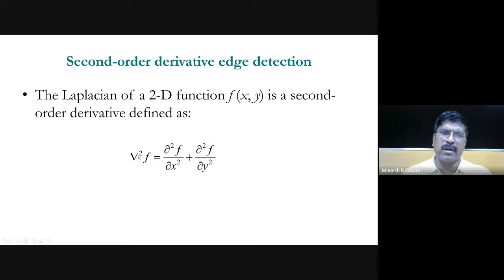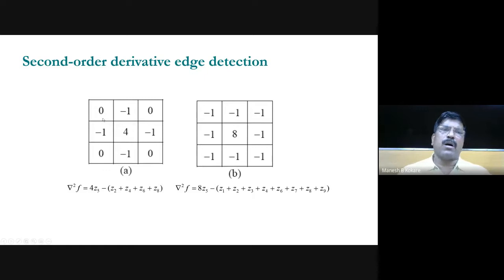So you get del square f like this, which is nothing but the partial derivative in the x direction plus the partial derivative in the y direction. Now, the second order derivative edge detection operators are like this. The center pixel coefficient is 4, the horizontal and vertical pixels are -1, -1, -1, -1, and the corner pixels are 0.